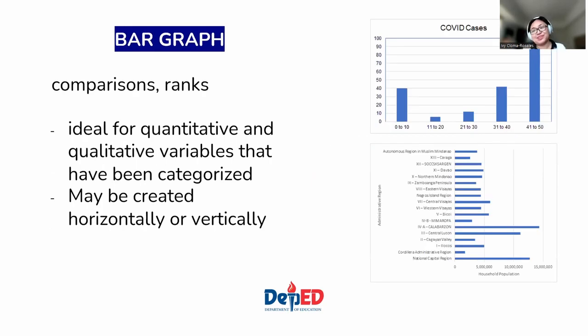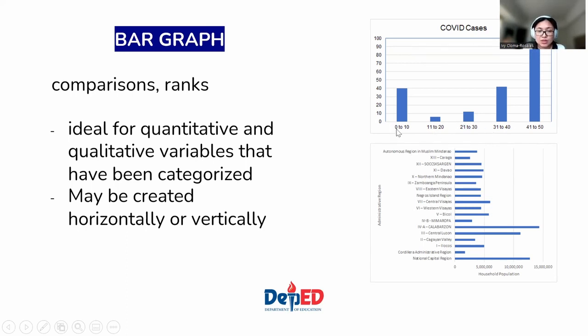Okay, bar graph, another very commonly used graph, and it will probably be appropriate for you also in school because it deals with comparisons and ranking. So it is ideal for variables or data, quantitative and qualitative, that have been categorized. It can be horizontal or vertical. So like here, if this is, for example, age groups, you kind of group them together.